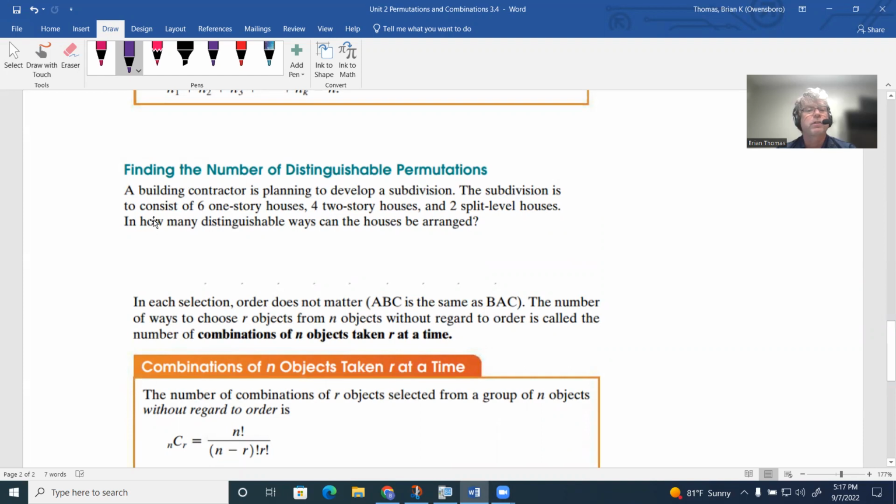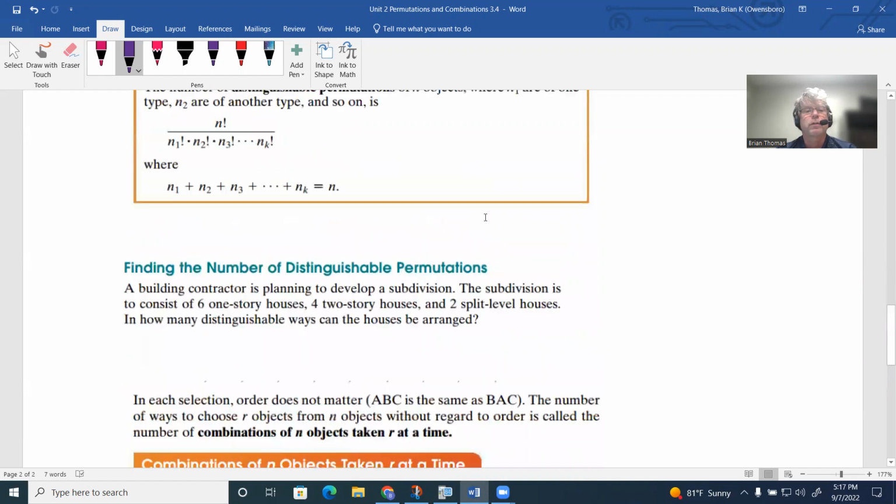The subdivision consists of 6 one-story houses, 4 two-story houses, and 2 split-level houses. So notice how to find n, you'd actually have to add these up together. So 6 plus 4 plus 2, that'd be 12. So there's 12 actual things here.